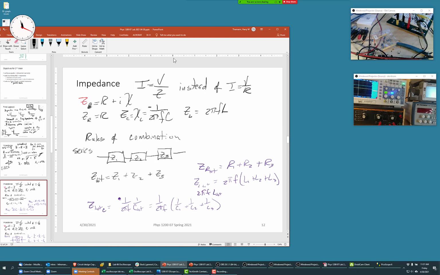And for an inductor, and I forgot to put the chi L here, equals 2 pi times F times L. Notice it's not inverted. And if you think about it, that makes complete sense, because, and this is a hint for what you need to explain your graphs, the resistance of an inductor goes up with frequency. The resistance of a capacitor goes down with frequency, because frequency is in the denominator.